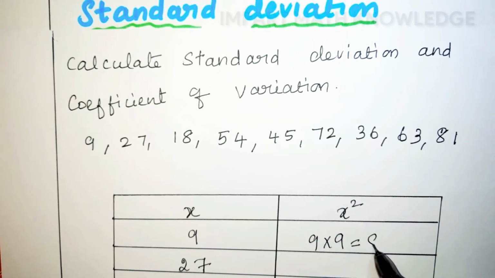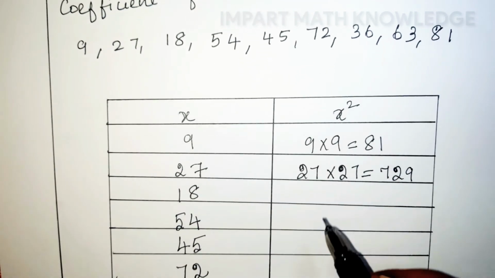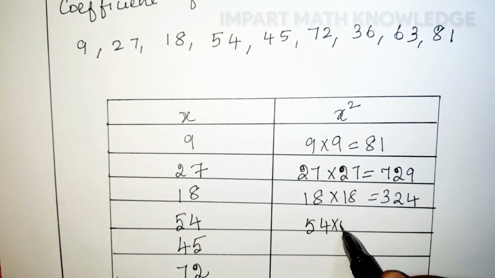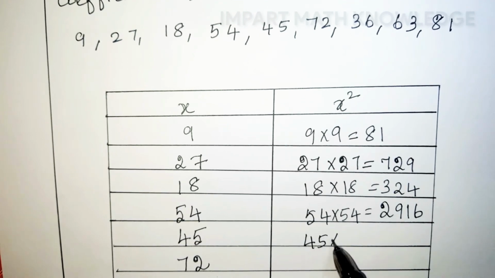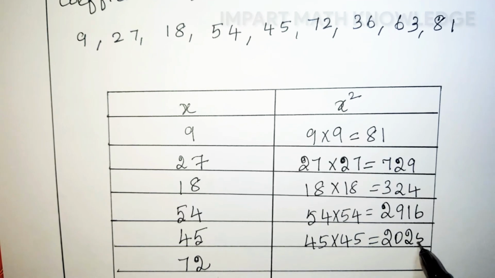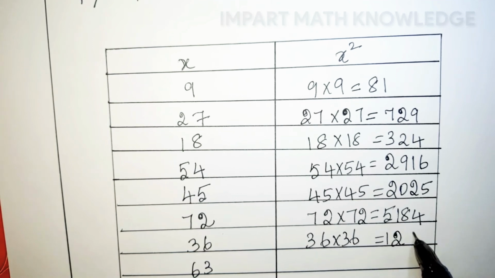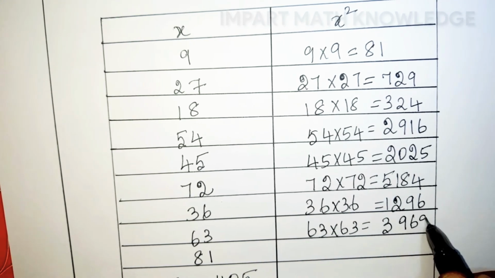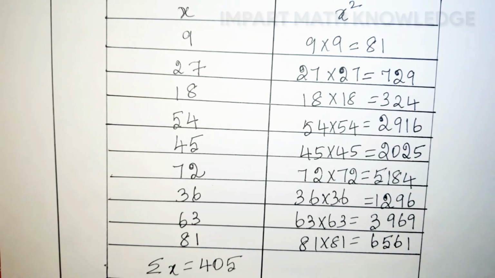9 into 9 is equal to 81. 27 square is 729. 18 square is 324. 54 square is 2916. 45 square is 2025. 72 square is 5184. 36 square is 1296. 63 square is 3969. 81 square is equal to 6561.